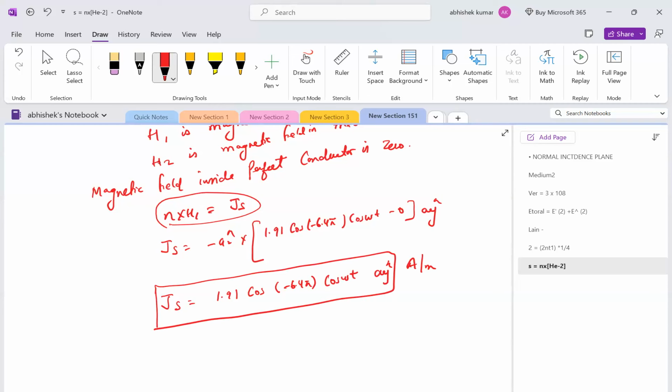Any doubt? No doubt. Now you have some theory part. It's basically a lot of theory part I'm seeing.